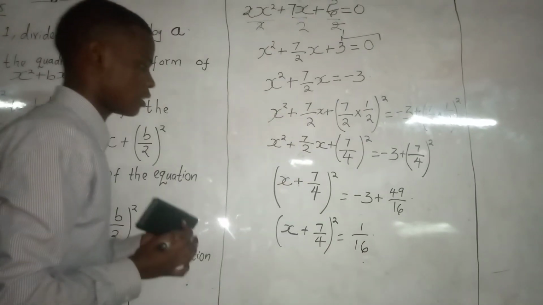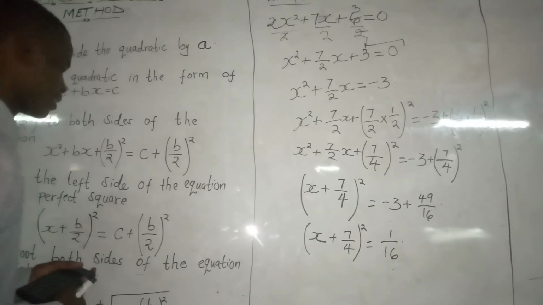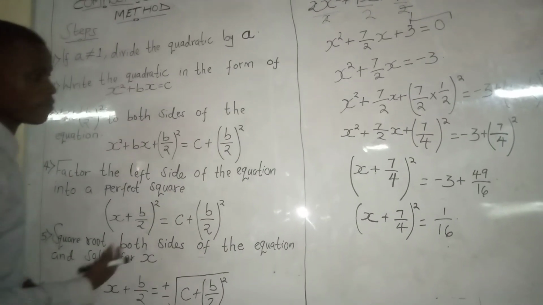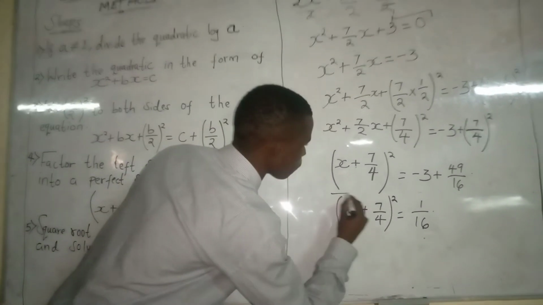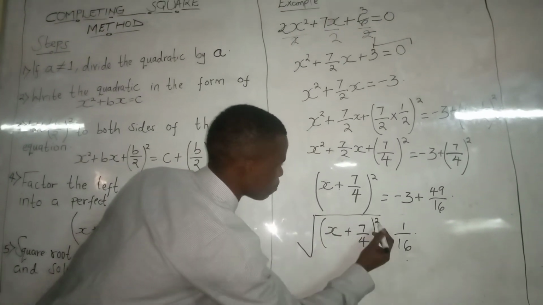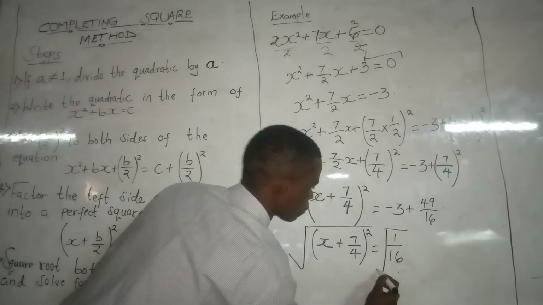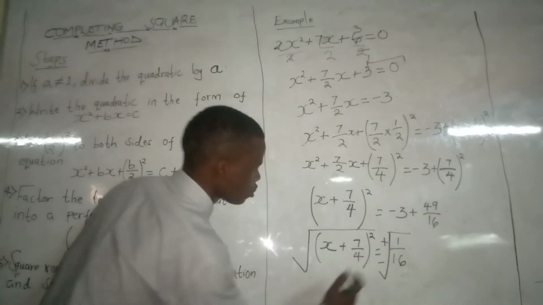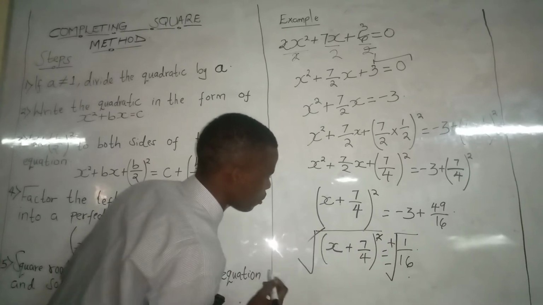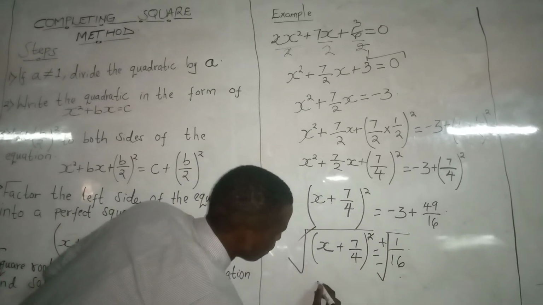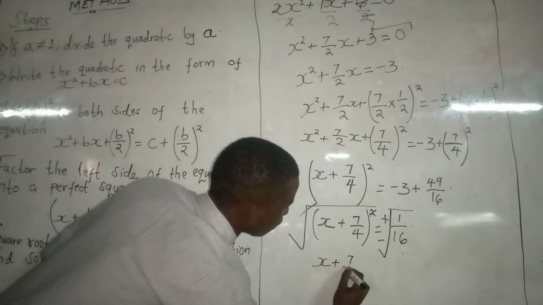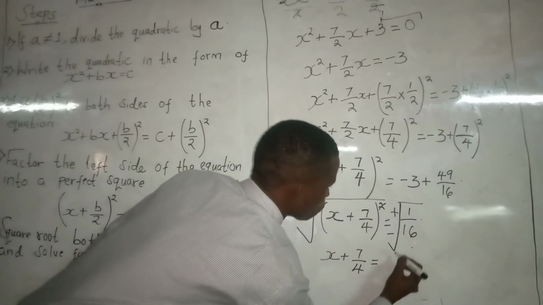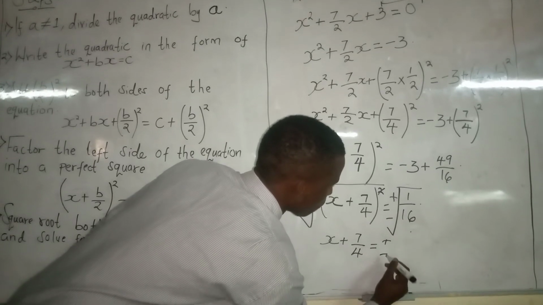Now we come to our last step, which says square root both sides of the equation and solve for x. We square root here to remove this square, and then we square root here. This one should be plus or minus. The square will cancel, and it will remain as x plus 7 over 4 equals plus or minus.